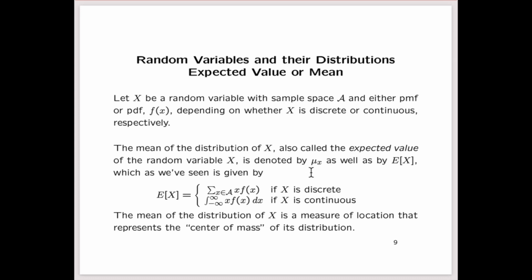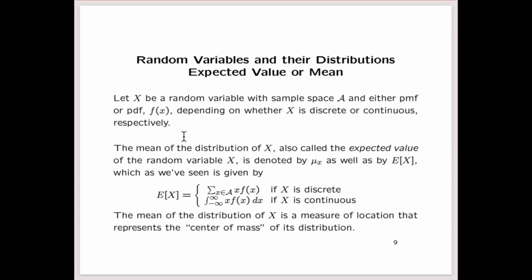Mu sub x, lowercase Greek letter mu, and we can subscript that with the letter of the random variable if that's helpful. This is one piece of notation, one way of denoting this. The other is, as we've seen, the expected value of x.